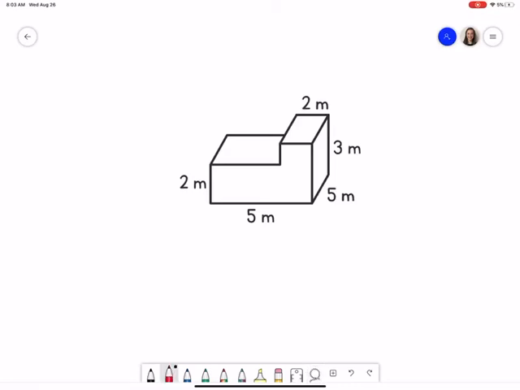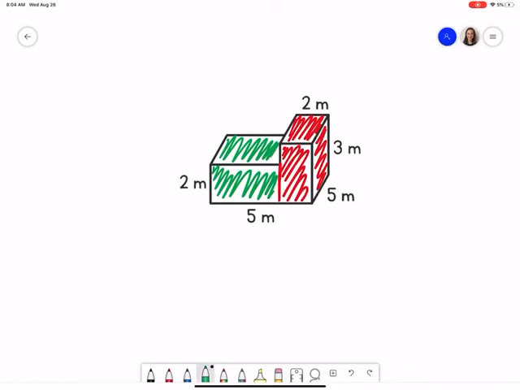Okay, so I would have divided it right there so that now I have this rectangular prism, and I've got this rectangular prism. First I'm going to get the volume of the red rectangular prism.